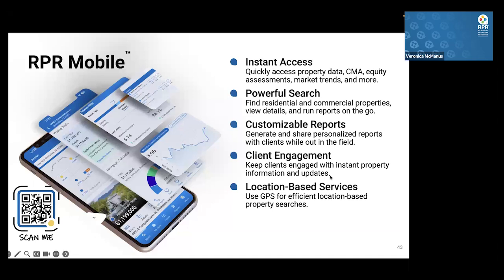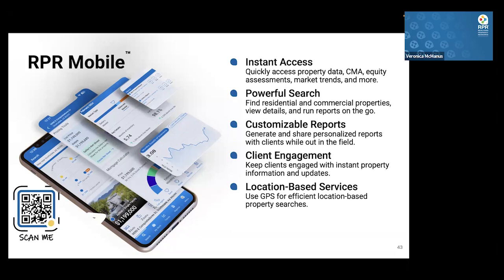Next, RPR Mobile. The trade area reports, the residential market trends, commercial, residential, all of your CMAs, your neighborhood reports, your school reports, all your reports are available on RPR Mobile. You're out in the field, you need that information at a glance. That how's the market question?